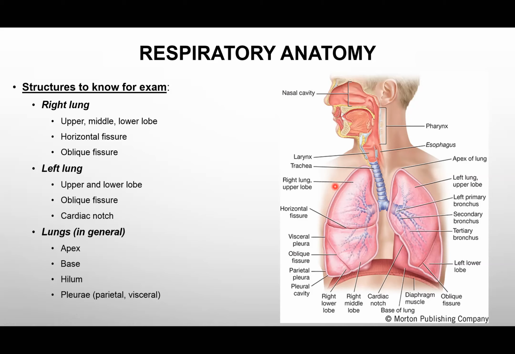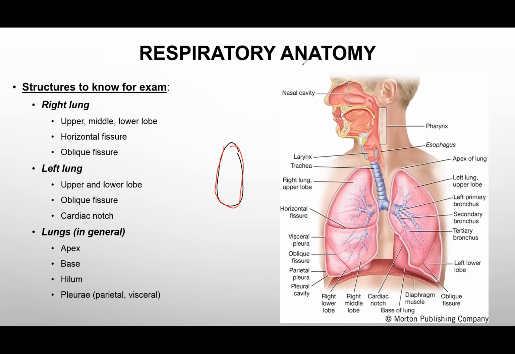So if you think about it like this, just like draw a quick little example. If you think about a lung, we're going to have the visceral pleura directly touching the lung.